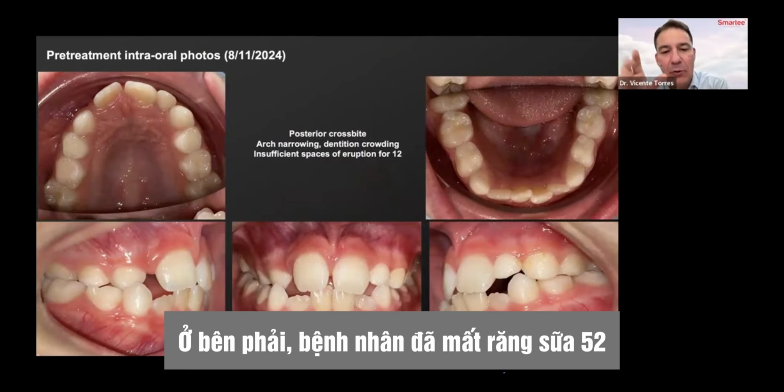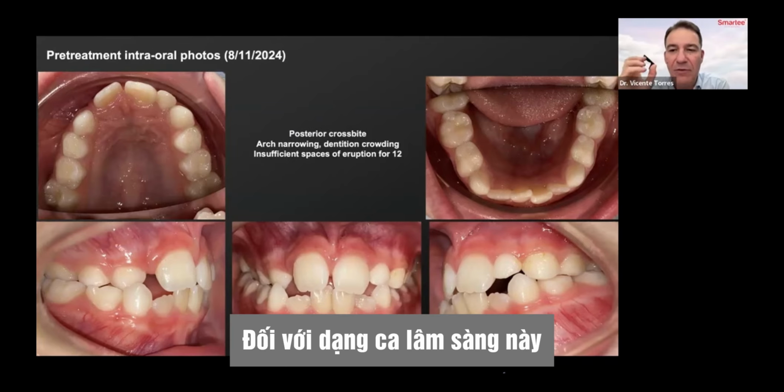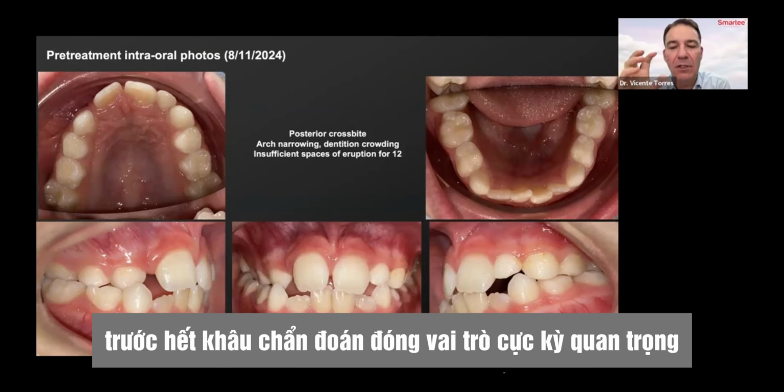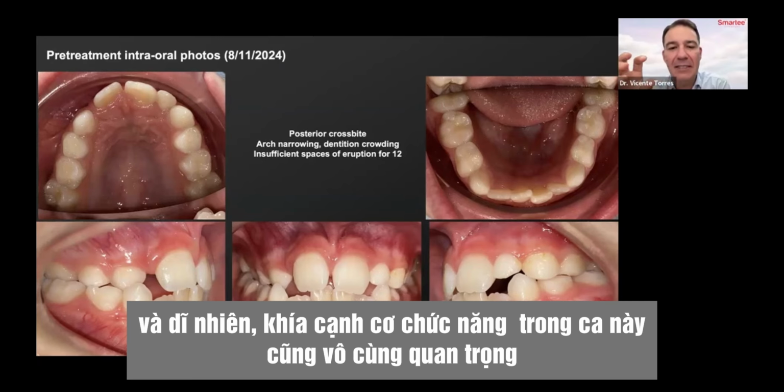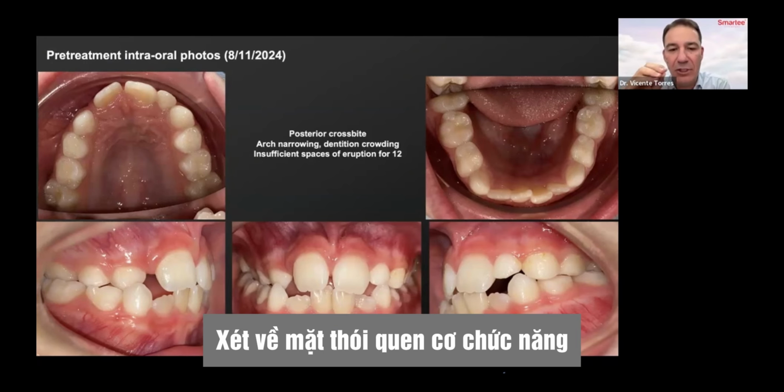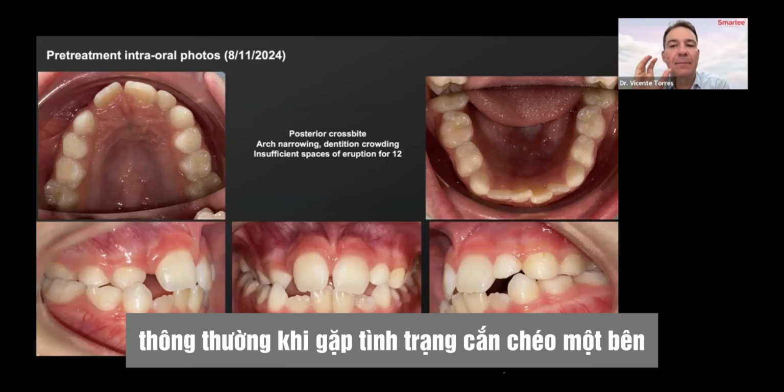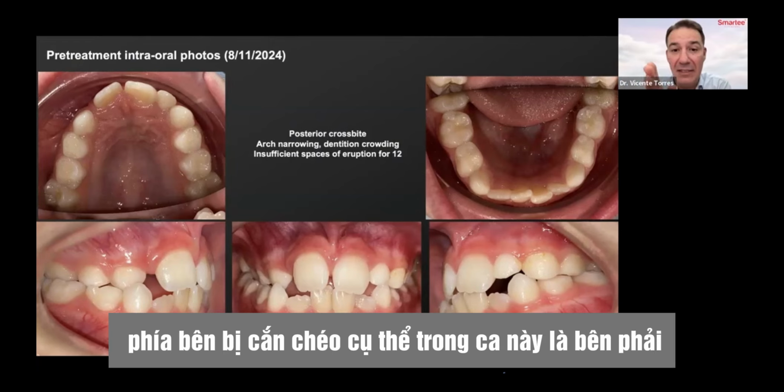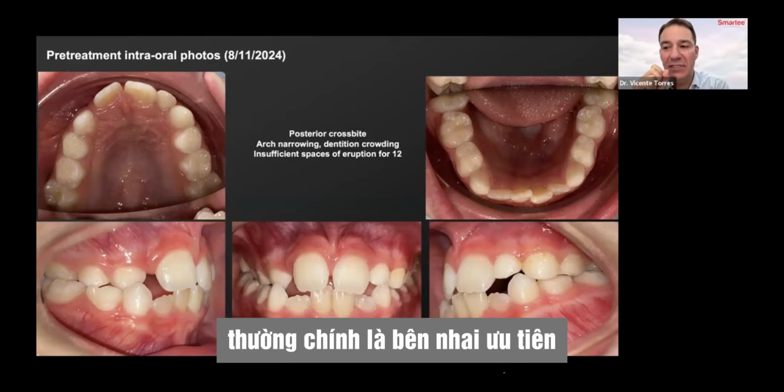All the right side. We lost the primary tooth 52, and in this kind of case, the diagnosis is very important, and of course, the myofunctional part. With a unilateral crossbite, normally this side, in this case the right side, is the chewing side.